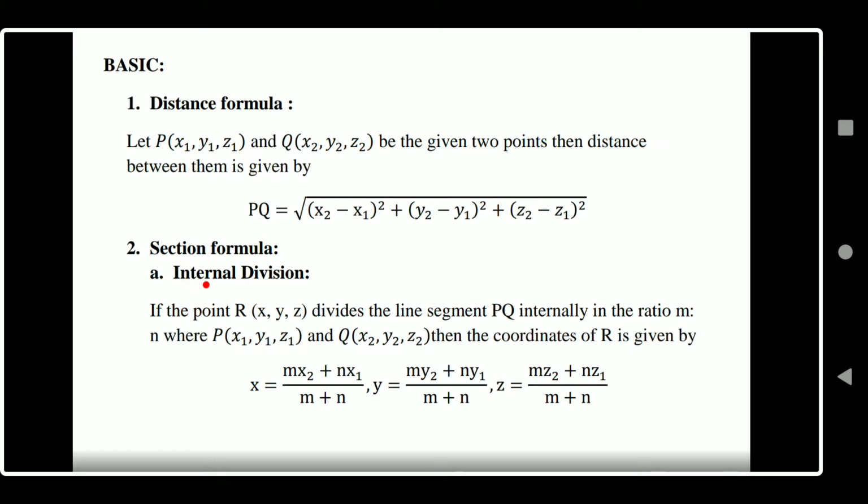For internal division, if the point R divides the line segment PQ internally in the ratio m as to n, where P is having coordinates x1, y1, z1 and Q x2, y2, z2, then coordinates of R is given by the formula x equal to (m x2 plus n x1) by (m plus n), y is equal to (m y2 plus n y1) by (m plus n), and z is given by (m z2 plus n z1) upon (m plus n).